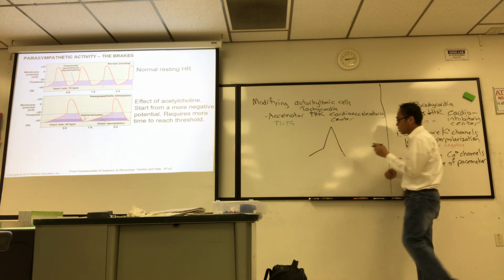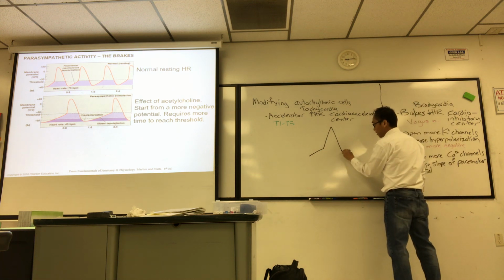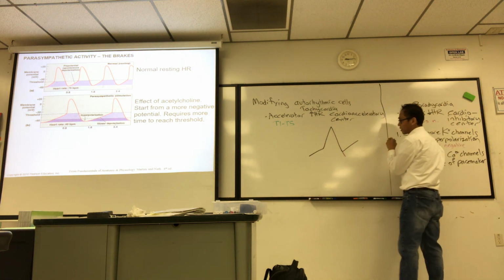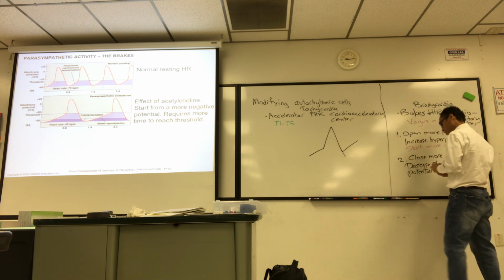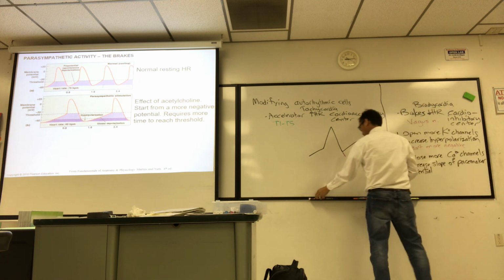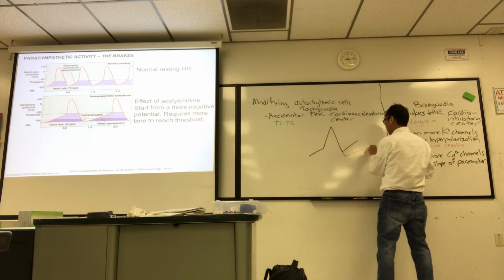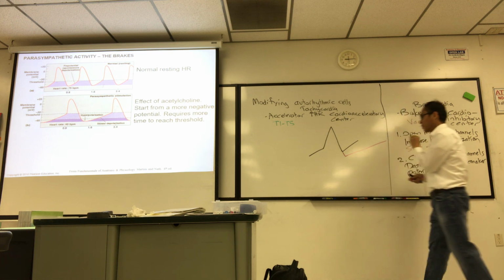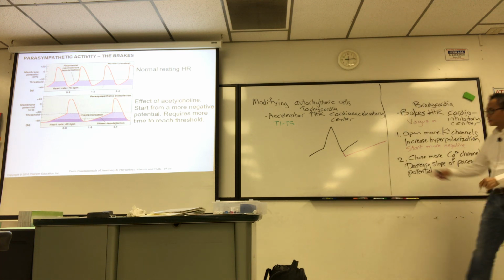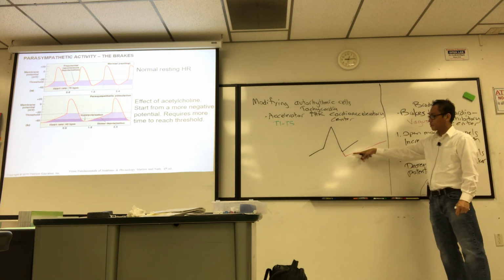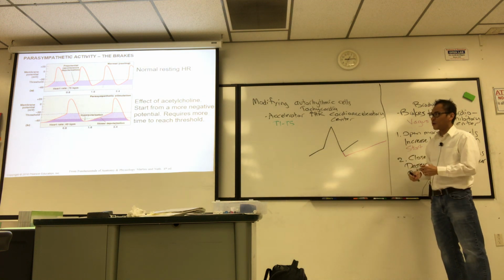If a normal slope is something like that, you decrease the slope a little bit. You just make it more flat. Kind of exaggerating, but instead of being steep, it just takes longer.